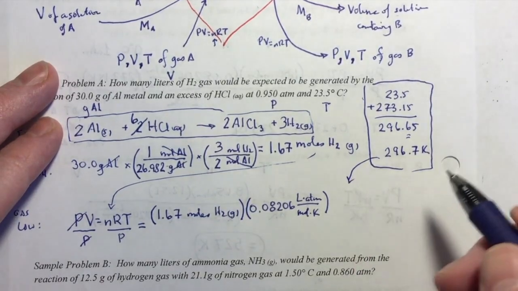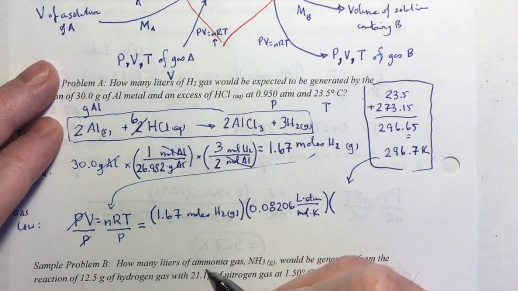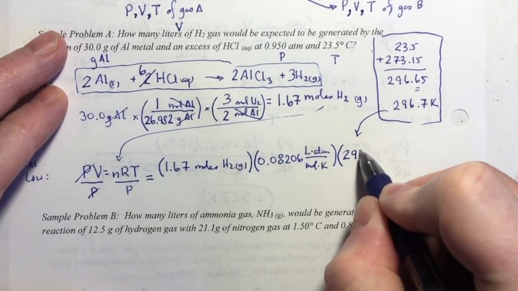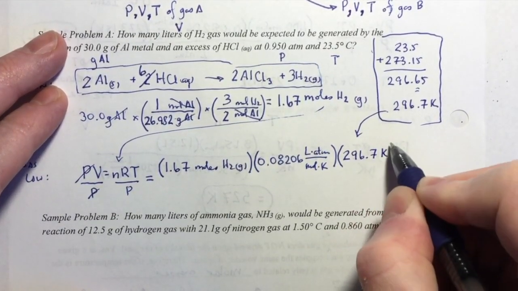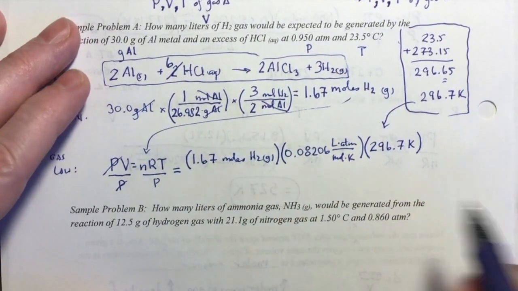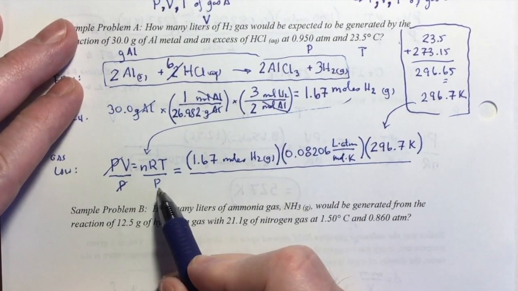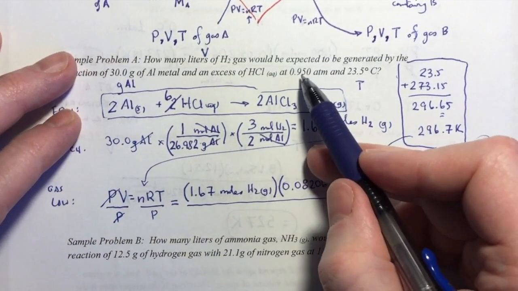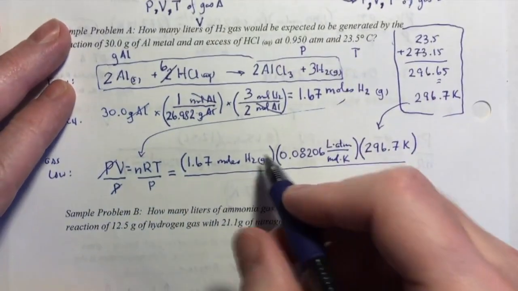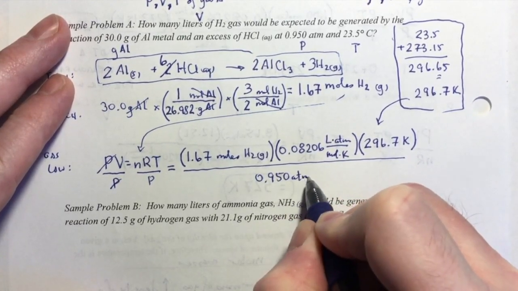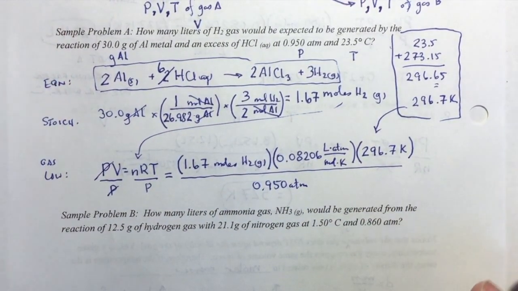And then I'm going to plug in that temperature right here in my ideal gas law. 296.7 kelvins. Okay? All over the pressure. What is the pressure? They tell me up here it's 0.950 atmospheres. So look at that.